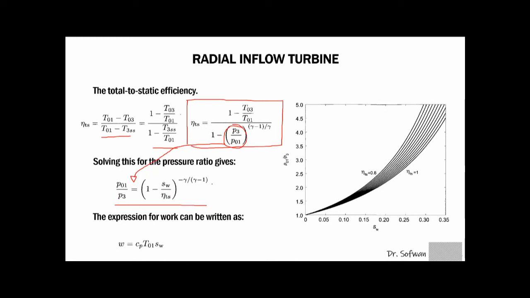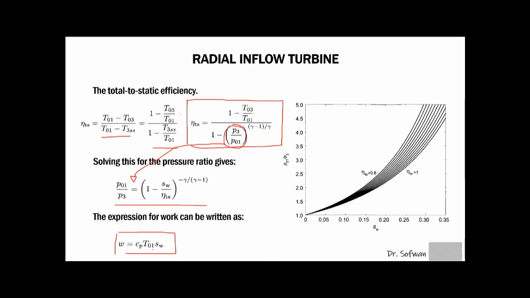For a radial inflow turbine, the best way to evaluate the efficiency is to use the total to static efficiency. The expression for work can now be written as W equals Cp T01 SW.